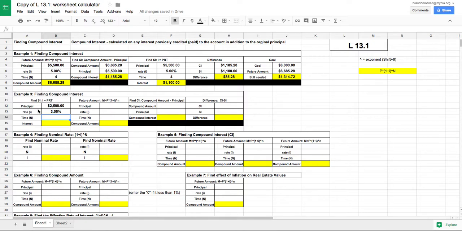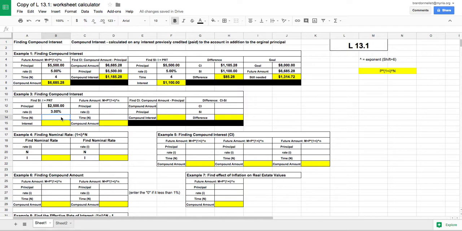Semi-annually is twice a year, quarterly is 4, and monthly is obviously 12. So when things are compounded more than once throughout the year, we divide the interest rate by the number of times it is compounded. This example says compounded semi-annually, so we take the 6% and divide it by 2, because semi means twice a year, and we get 3%.